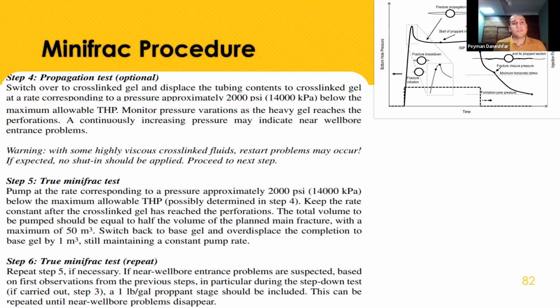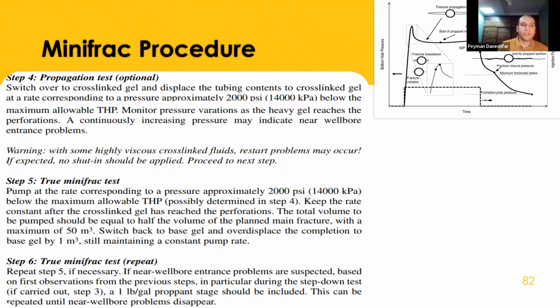Again, propagation test: switch over to cross-linked gel and displace the tubing contents with cross-linked gel at a rate corresponding to a pressure approximately 2000 psi below the maximum allowable pressure. Step 5, a true Mini-frac test: pump at a rate corresponding to a pressure approximately 2000 psi below the maximum allowable pressure, and keep the rate constant after the cross-linked gel has reached the perforation.